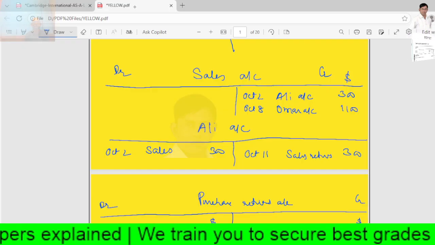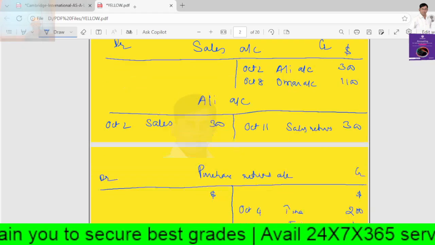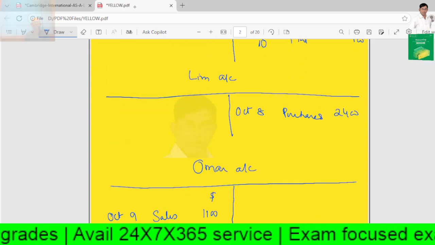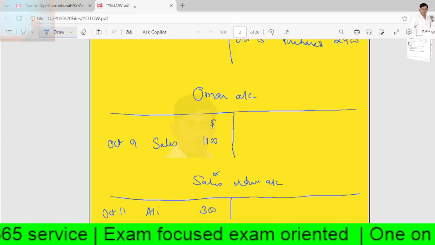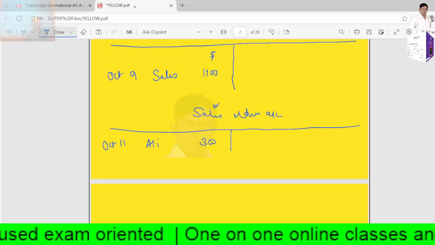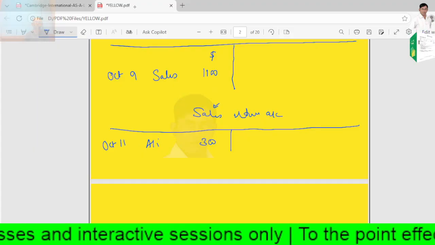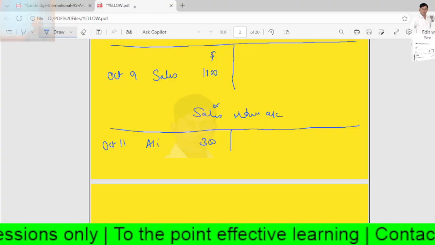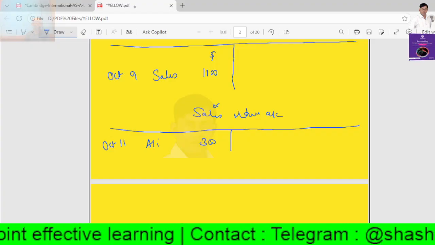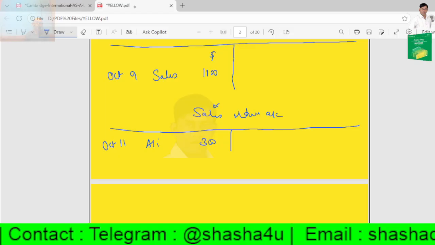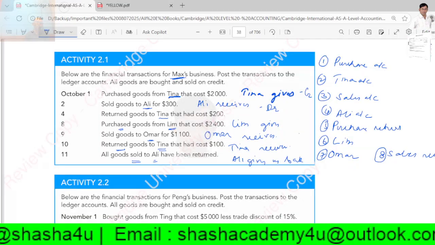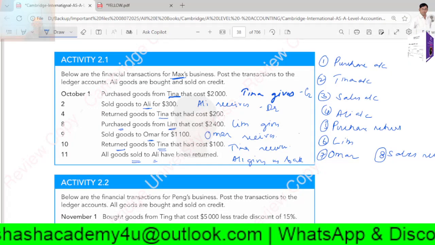So there is no more. He has returned everything. We have to debit sales returns account and credit Ali's account, 300. So this is how it is. Okay. So next, this is activity 2.1.